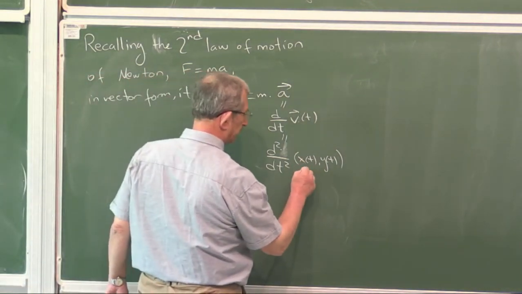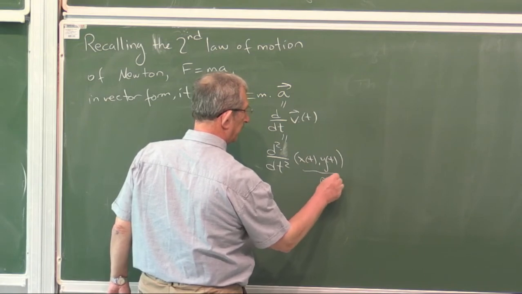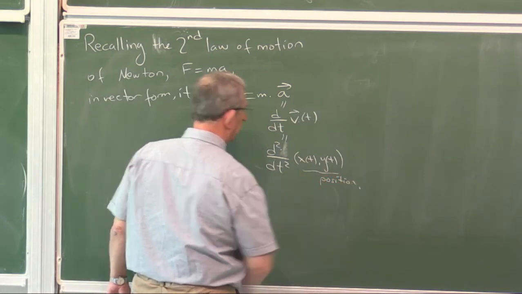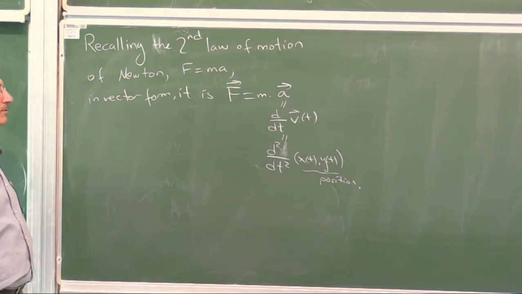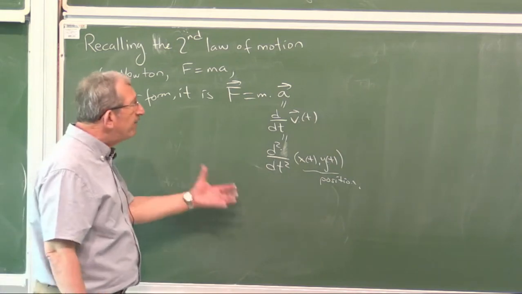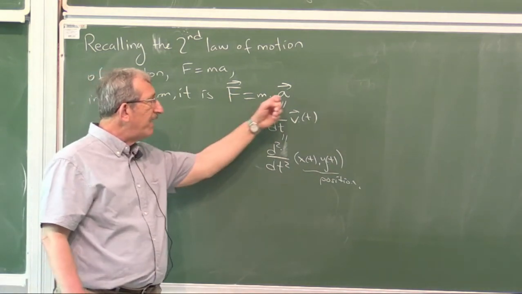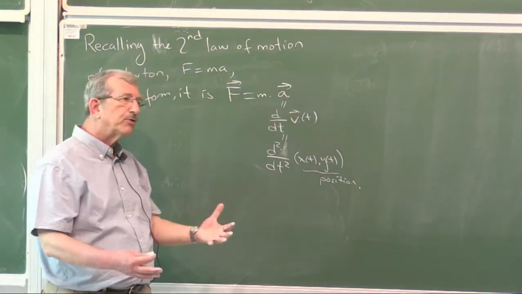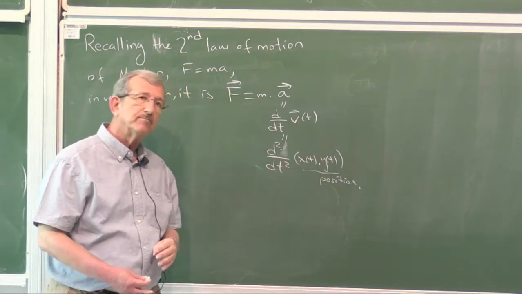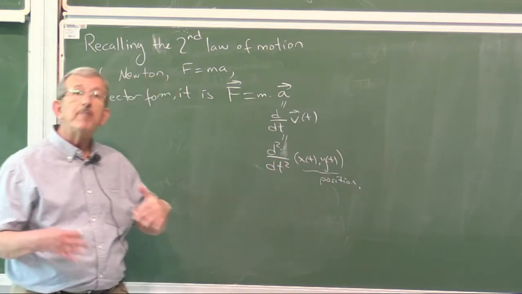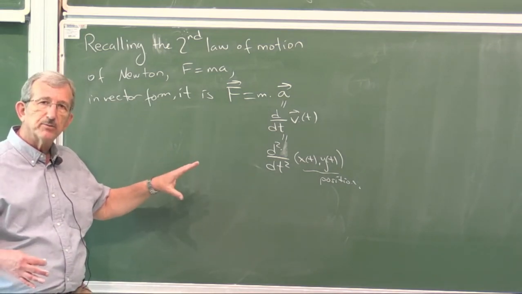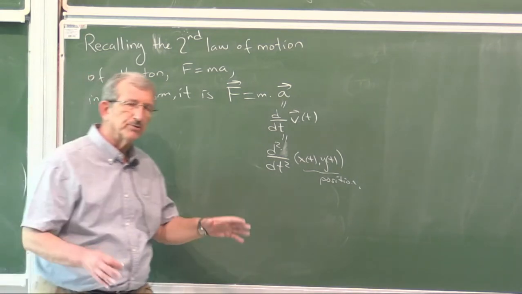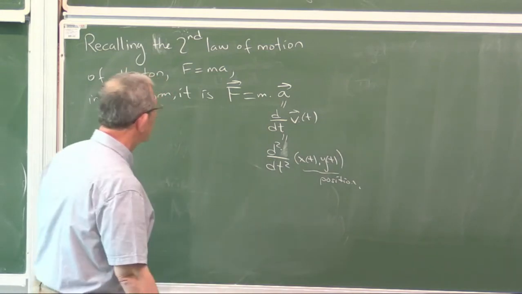So this is the position of the body. So the second derivative gives us the acceleration. That's Newton's second law of motion. Here, of course, both f and a are vector valued functions, and they depend on x's and y's. You can do the same thing in space with x, y, z. I will not go into that, but it's exactly the same.